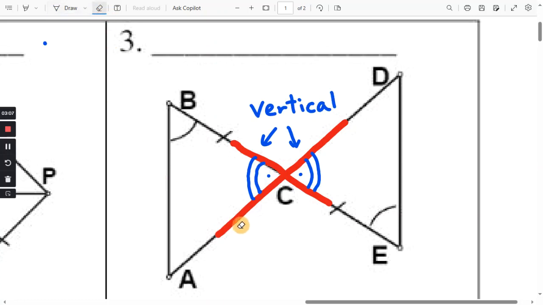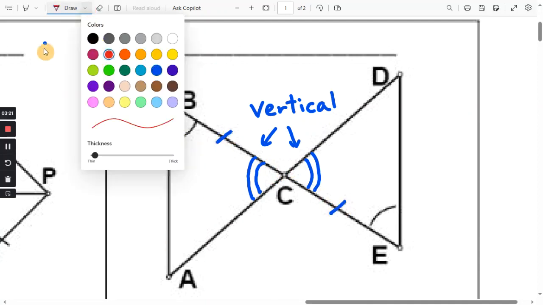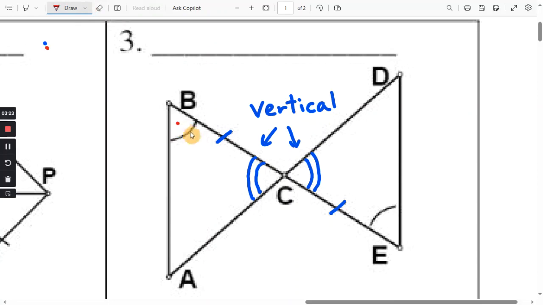And now, if I can clean this up, let's see what we have here. All right, going in order, notice the side right here matches this side right here. And we have angle, side, angle. And on the other triangle, angle, side, angle.